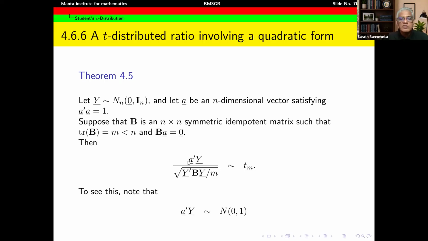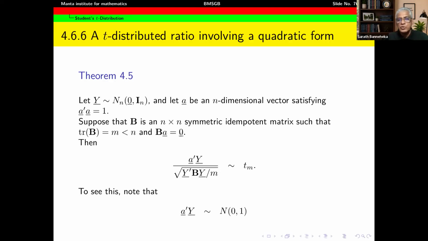So what we have here is a standard normal random variable divided by the square root of a chi-square random variable divided by its degrees of freedom. And from our knowledge, we know that these two quantities will be independent, because B times A equal to 0.